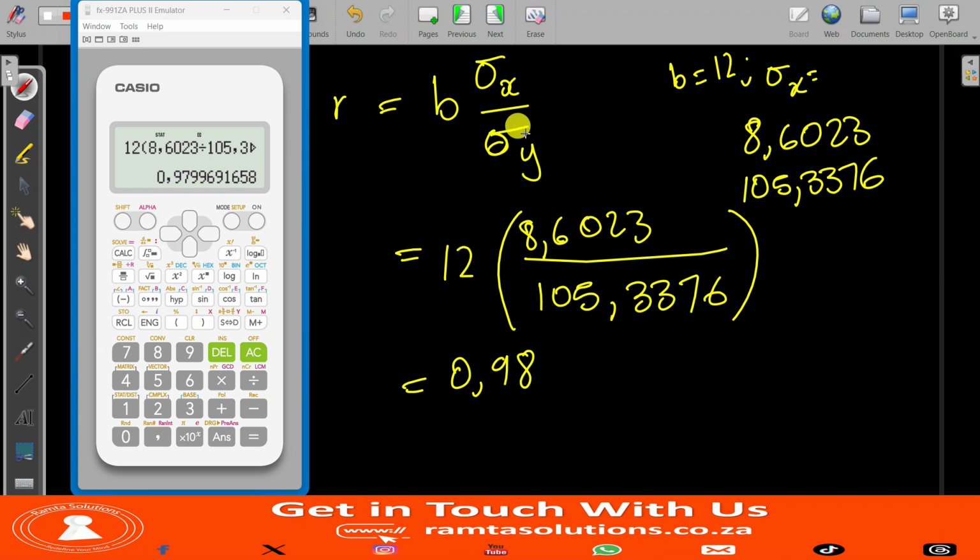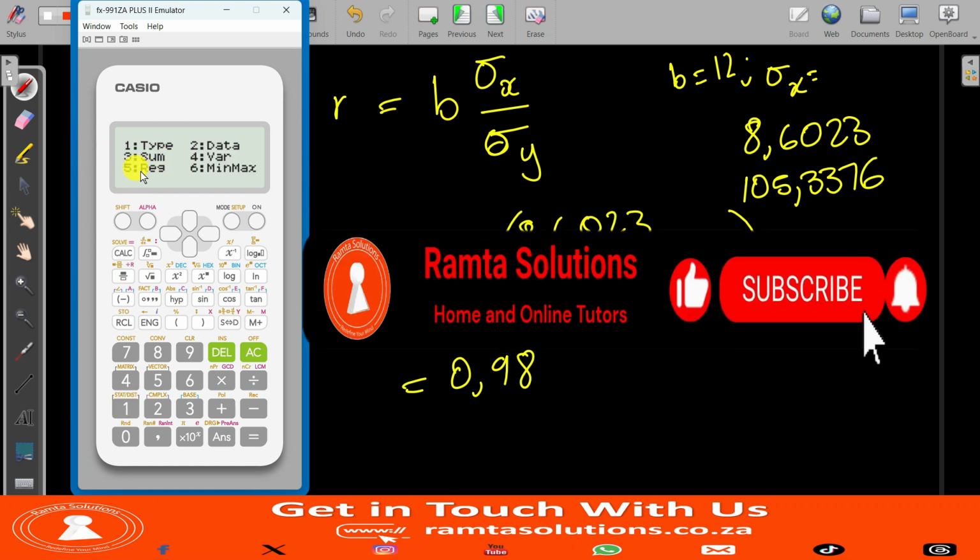Guys, this is when you use your formula. However, we are not interested in that. What I'm doing is for when you can perform this in your projects, your assignments. Now, going straight to the calculator, we can find this value. Shift 1, we go to regression, which is option 5.